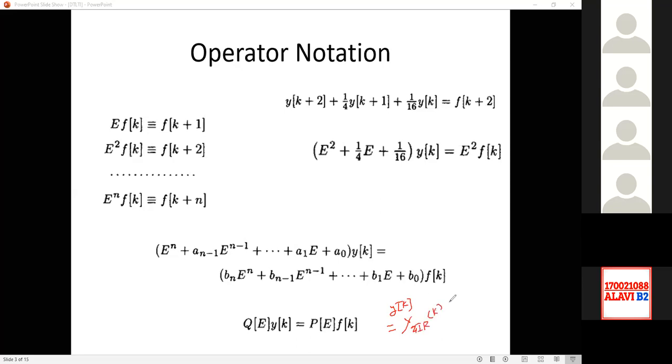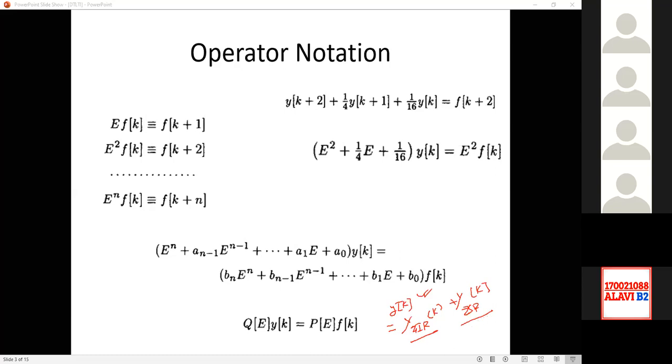And another part is y_ZSR. Now, this solution technique of representing our output is the generic technique that we usually use in signals and systems. But mathematically, that yk can be solved without splitting these two responses.